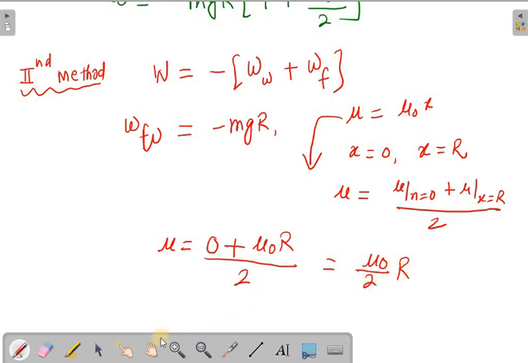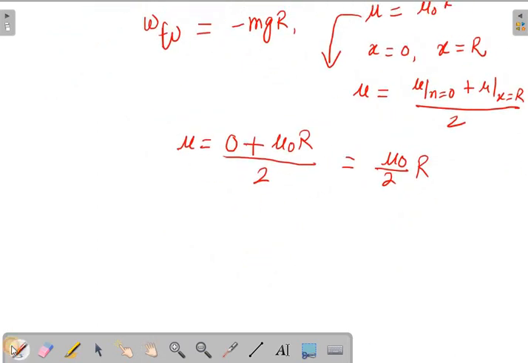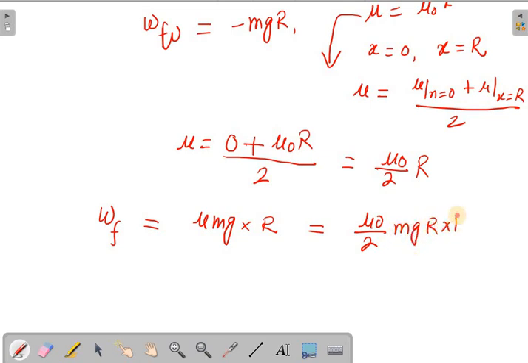Hence, work done by the frictional force Wf will be equal to mu mg multiplied by r, that is equal to mu naught r upon 2 into mg multiplied by r, or Wf will be equal to mu naught mg r square by 2. This work done will be negative.